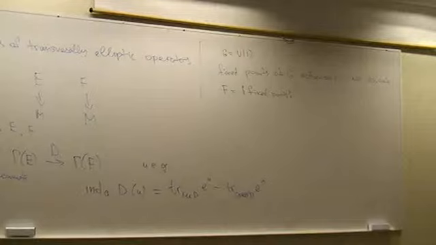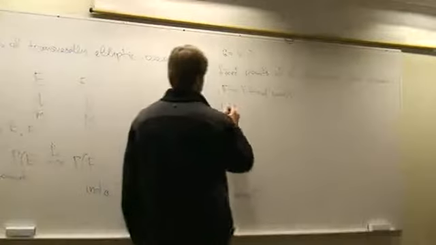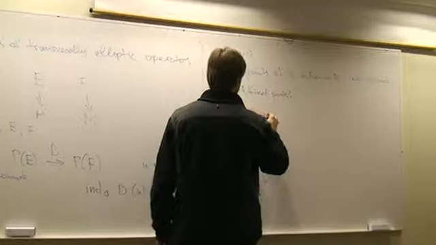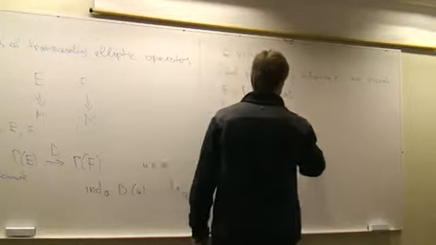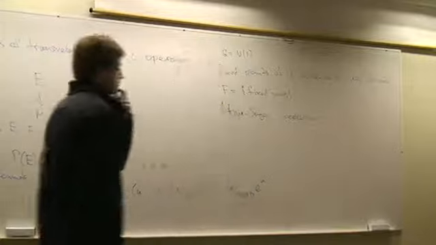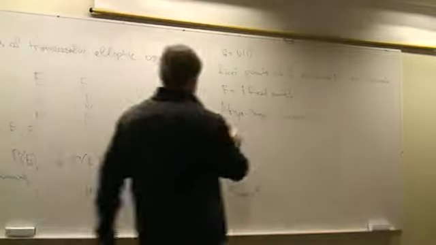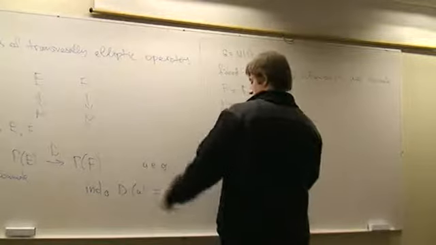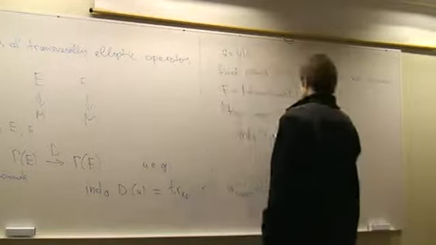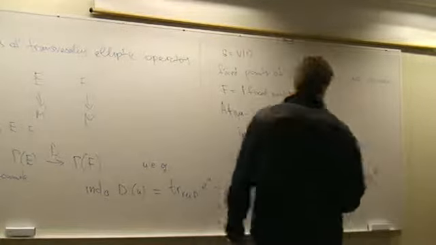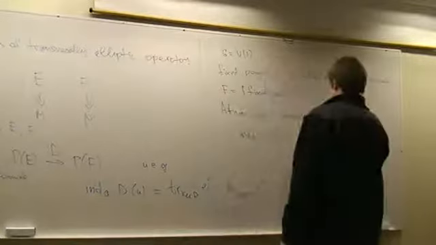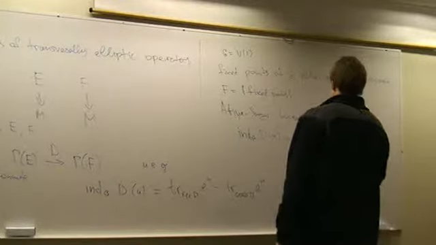And Atiyah's singular localization index formula is that the equivariant index of the transversal elliptic operator D is the sum over all fixed points, say point P in the set of fixed points.